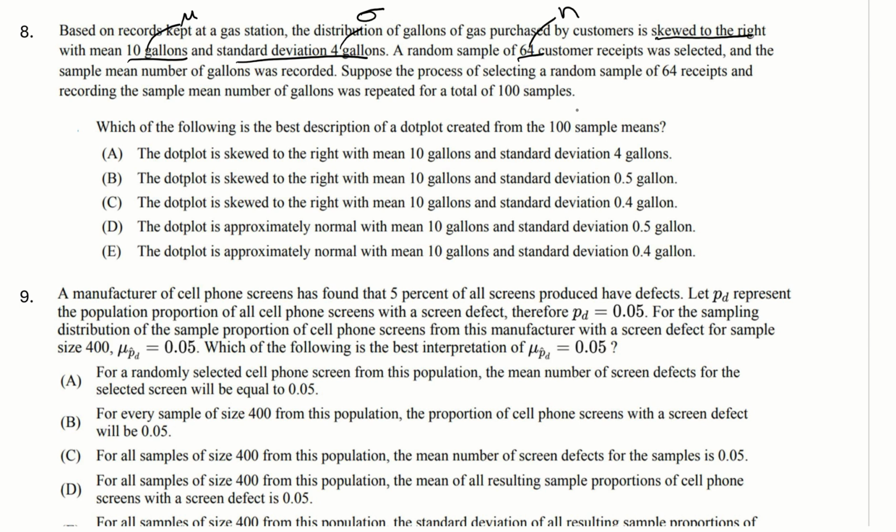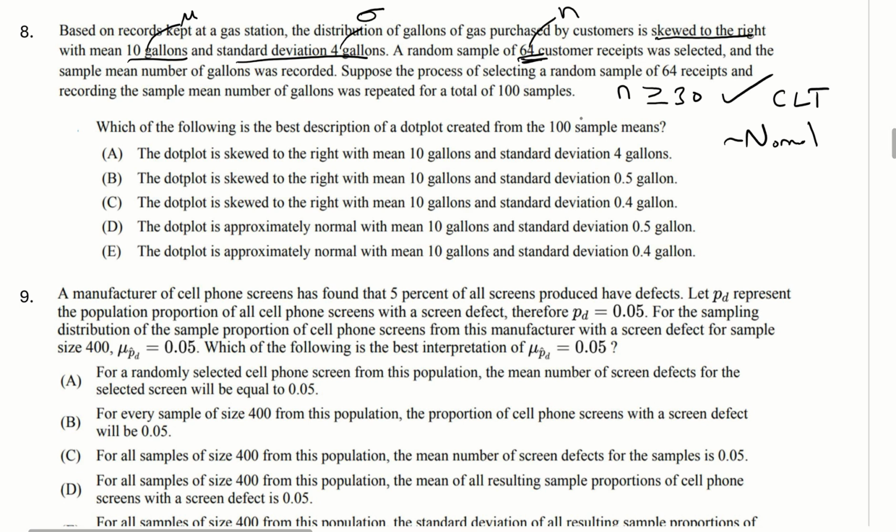Okay, now be careful. The 100 samples is not the N. The 100 samples is just 100 times that you do the sample, 100 different trials, okay? So the sample size is N, 64. And notice that that's greater than or equal to 30, right? So that means it has to satisfy, by the central limit theorem, that the distribution has to be approximately normal.